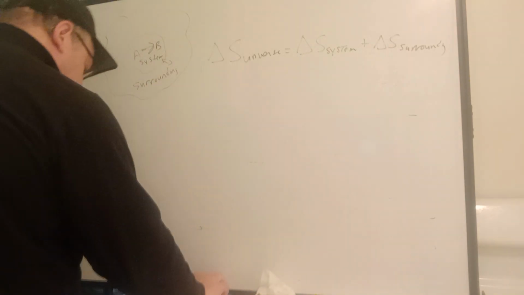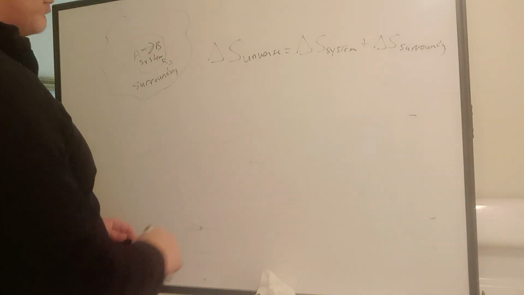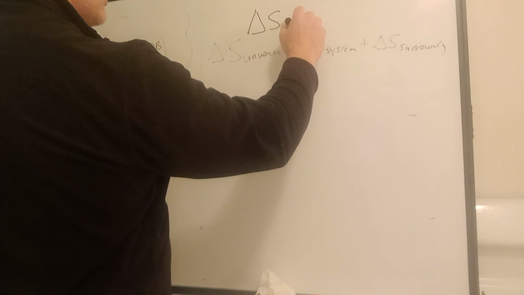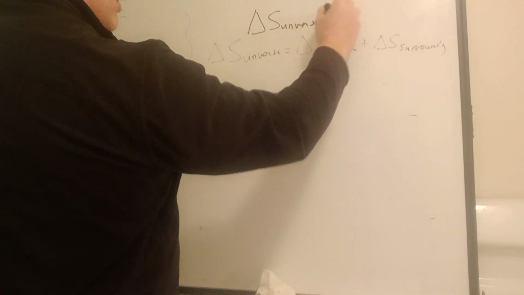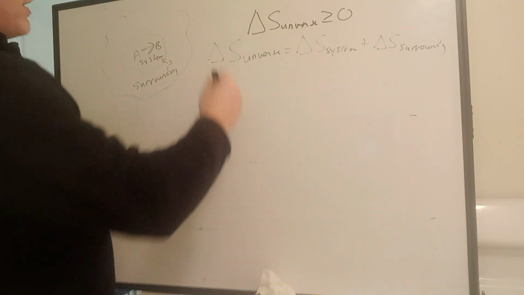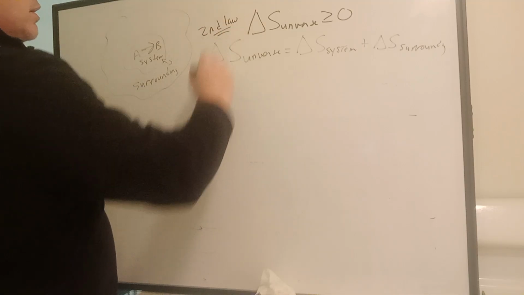One of the big problems you'll have is that when you do calculations to use this, we have an overall rule that delta S for the universe is greater than or equal to 0 for observed processes. That's really the second law. That's a mathematical way of writing it. We'll say it in different ways, but that's one way of saying it.